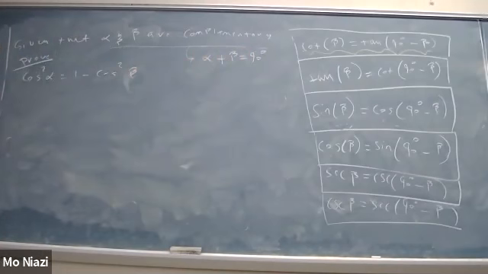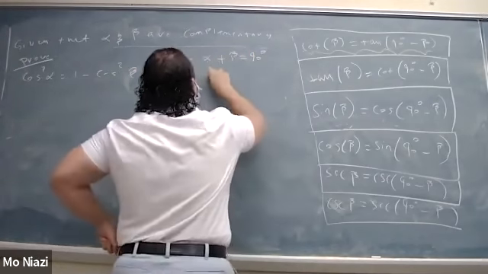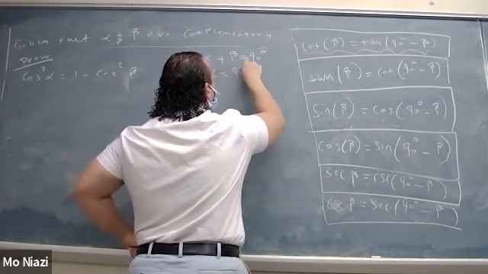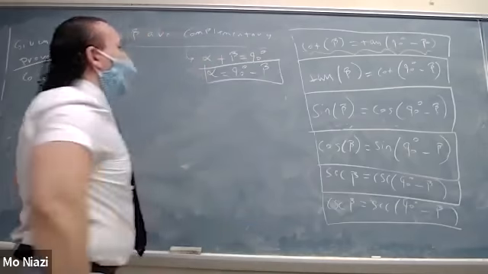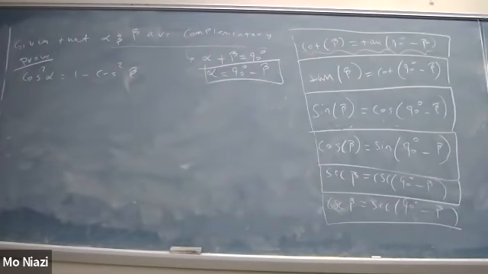Okay, so that equation is just begging me to solve for one of the variables. Let's solve for alpha. Alpha is 90 degrees minus beta.